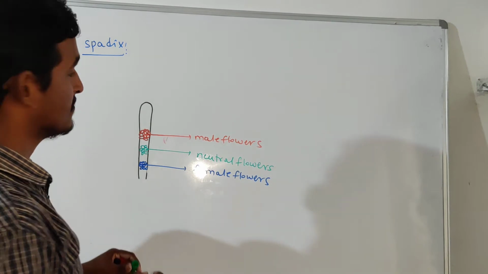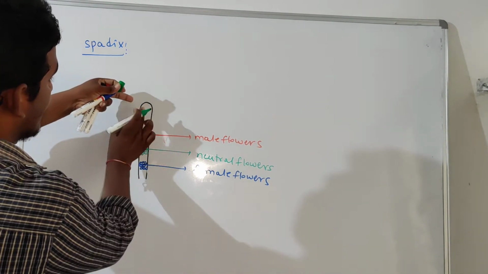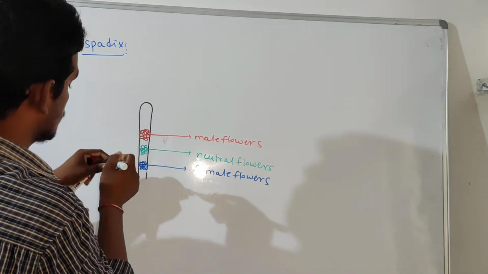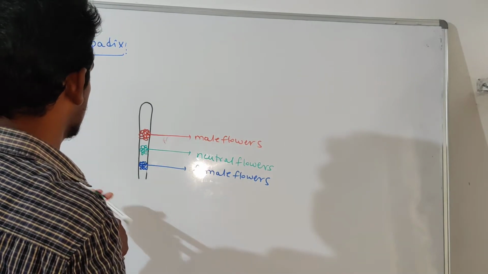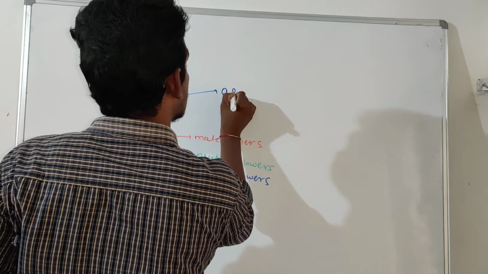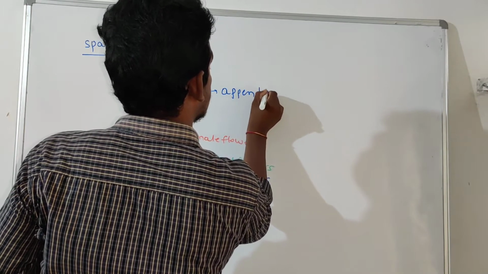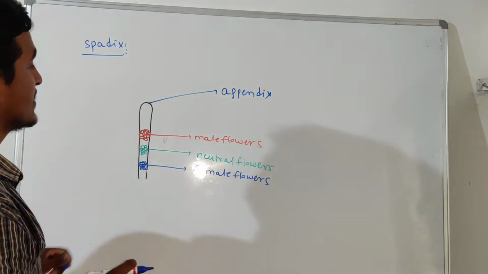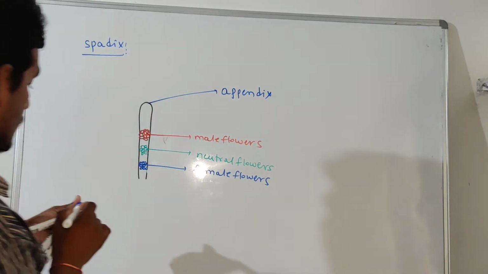neutral flowers, right? So see, at the apex of the peduncle, there are no flowers present. This portion we call the appendix. There are no flowers at the apex of the peduncle.